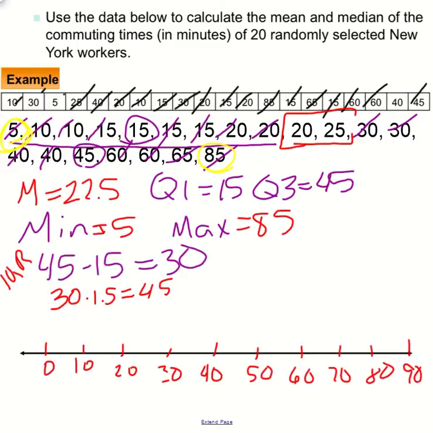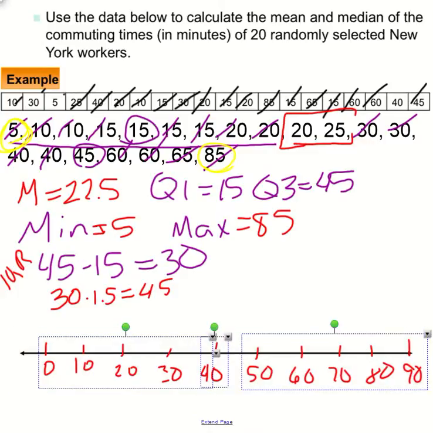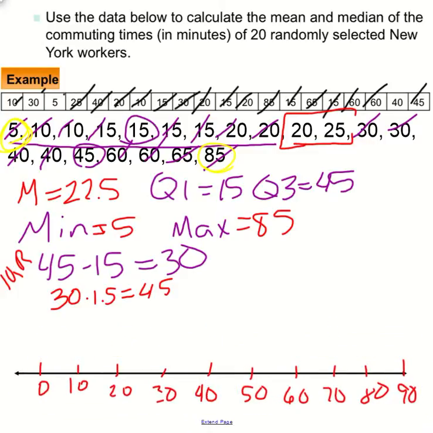Here's our 90. Now we take these numbers and, right above this whole thing, we graph them. I'm going to do this one in purple. We graph our minimum, 5, right there. Our Q1 at 15 is going to be right here.